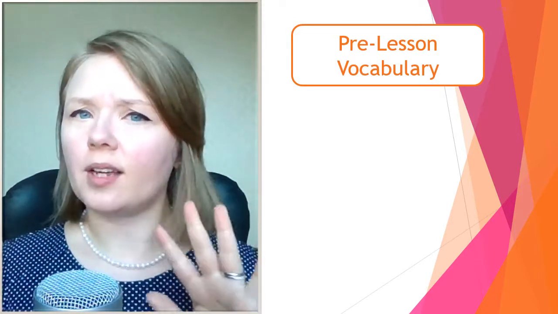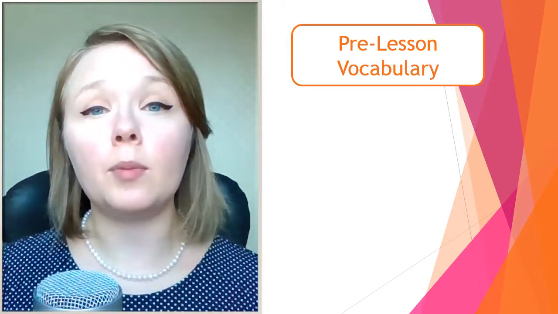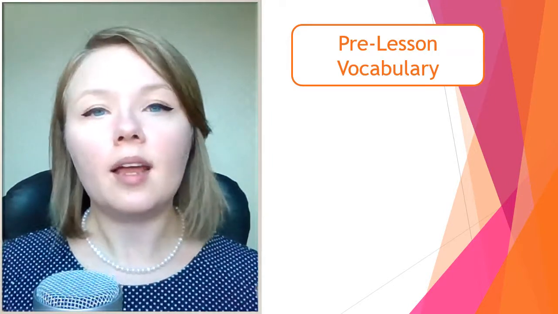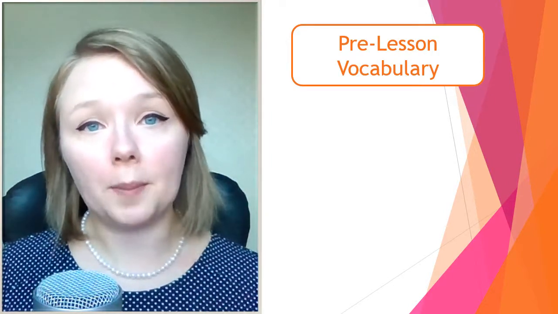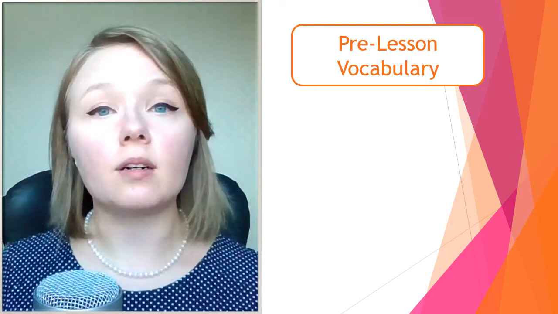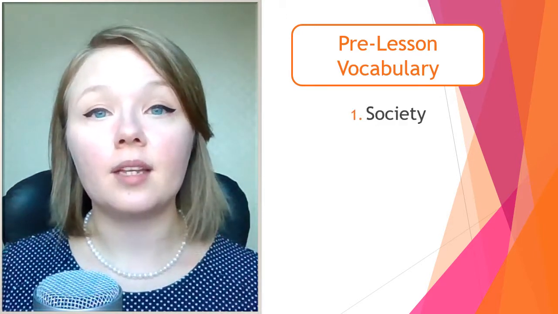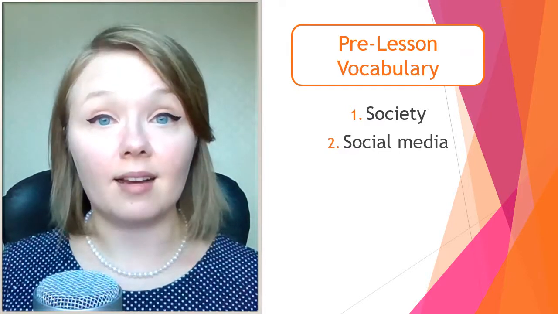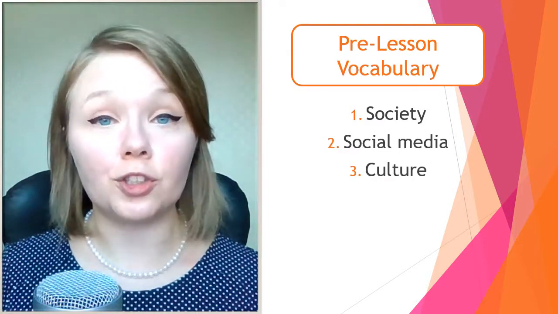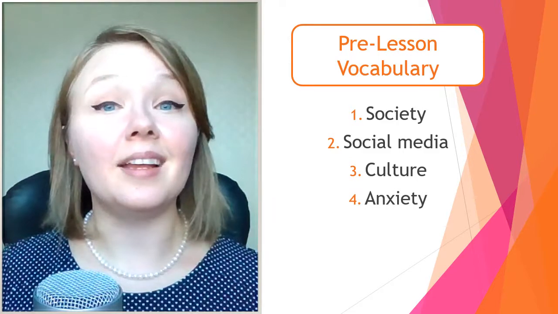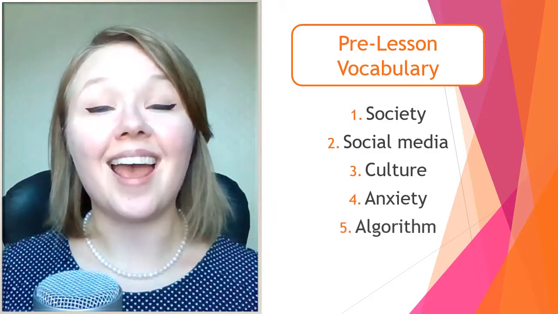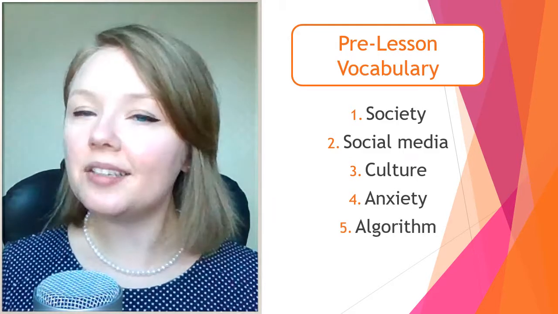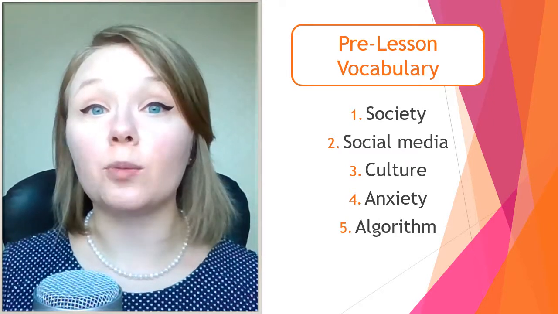We're going to just look at 5 terms quickly that will help you understand this video and will help you talk about your opinions. So here are our words. Society, social media, culture, anxiety, and algorithm. Let's go ahead and take a look at what these words mean.